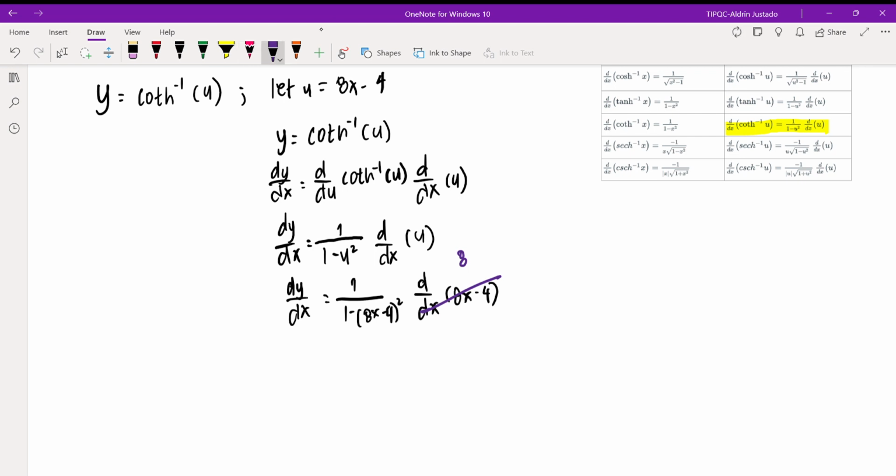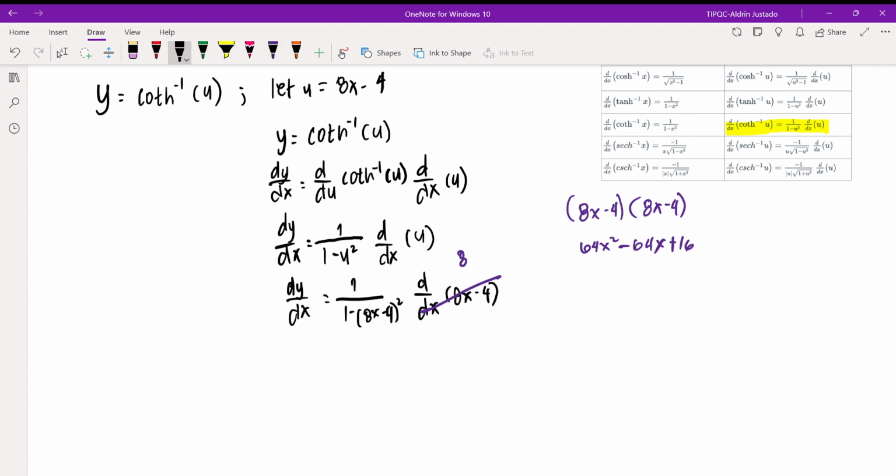So we need to expand 8x minus 4 times 8x minus 4. We have 8 times 8 is 64x squared, negative 32 times 2, negative 64x plus 16.